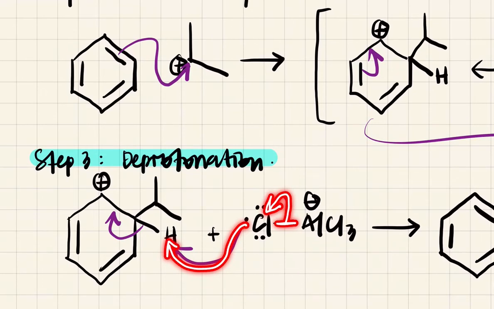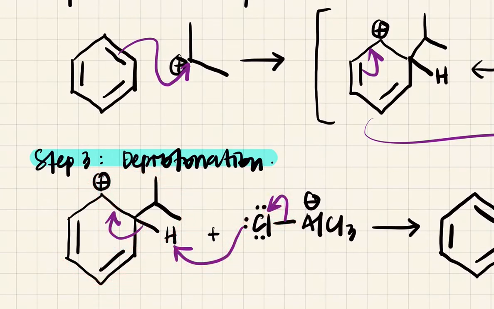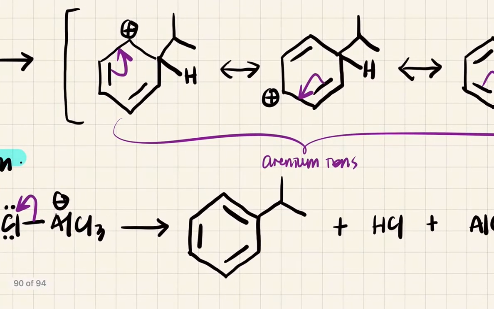Okay, deprotonate your arenium ion here, buang hydrogen. So the bond here will go to this single bond in order to satisfy this carbocation yang nak sangat elektron tu. So sekarang kita akan retain our aromatic compound, aromaticity. Okay, so sekarang kita ada benzene ring and isopropyl attached to it.